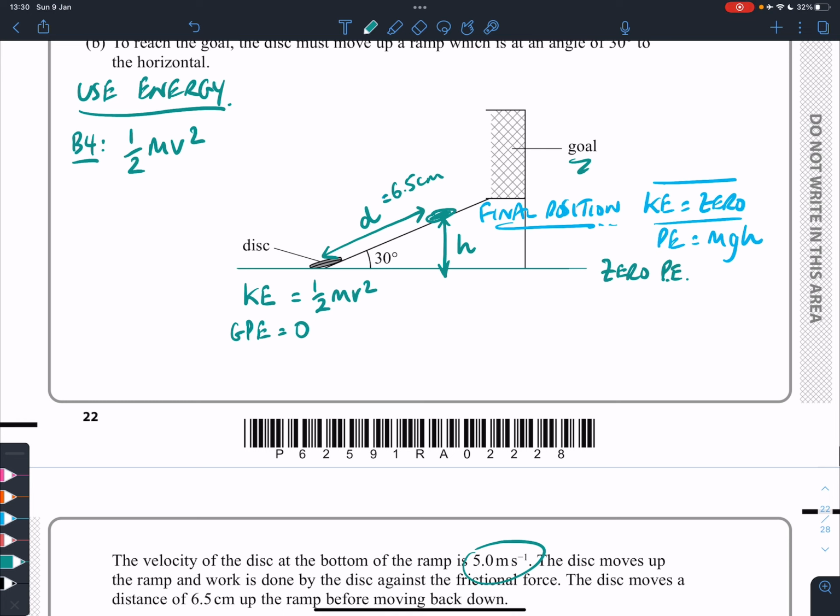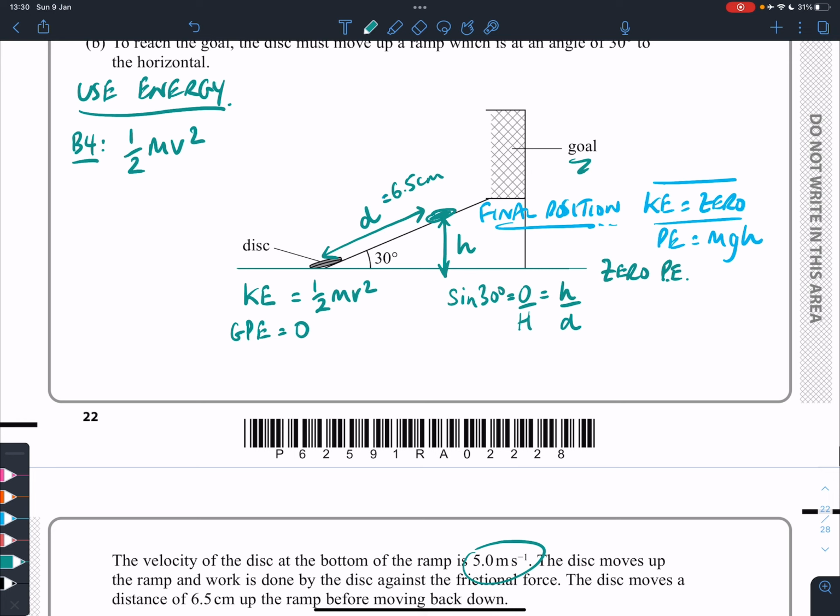So we can work out, can't we, that if this is the opposite length, so if you want to use sine, you can say that sine 30 degrees equals opposite over hypotenuse equals h over d.